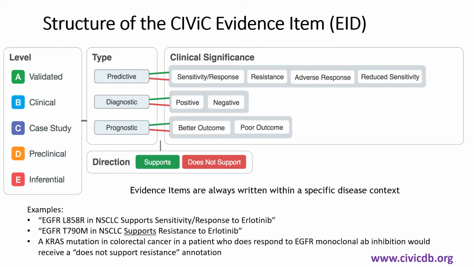Finally, Level E evidence provides inferential support for the described variant and can be derived from in silico predictions, cell lines, animal models, or human studies. This could mean that the variant was not ever actually measured or that the results from the study do not directly evaluate the claims made by the evidence item. Examples of all these evidence types are available in the CIVIC help document.